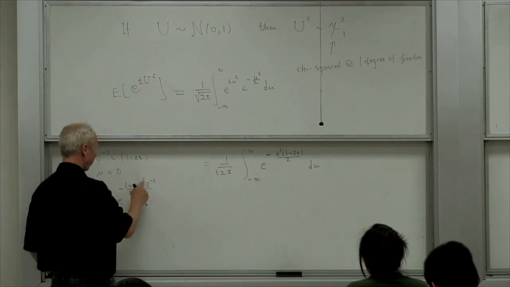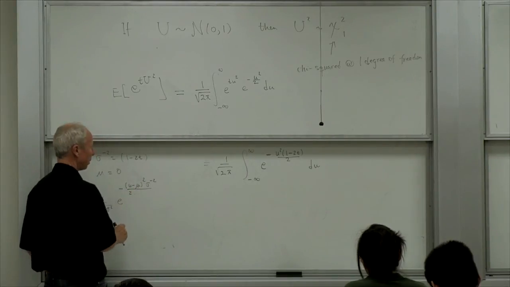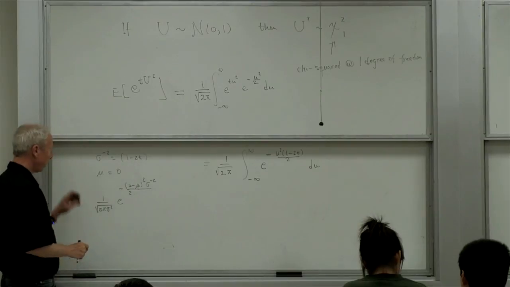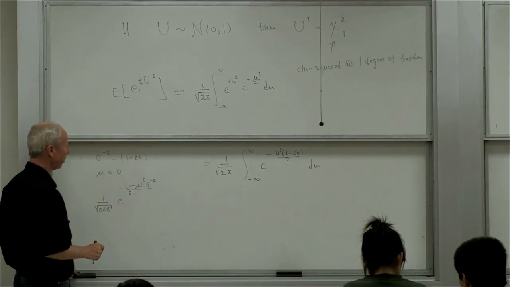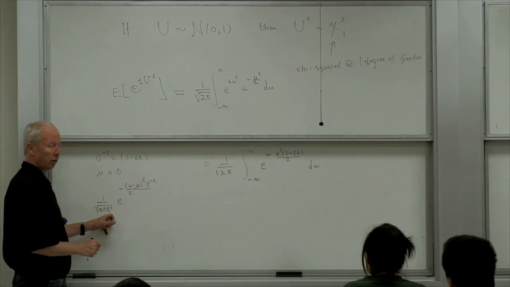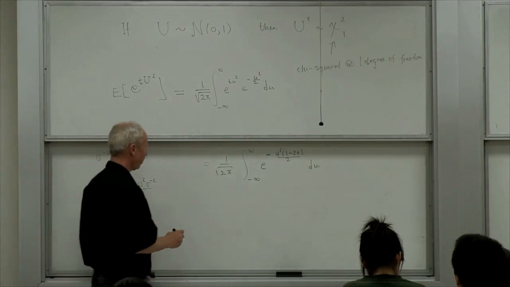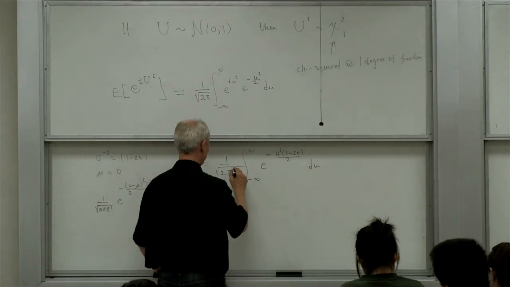How would you get u squared here? You'd have to have this be 0. But now, if sigma to the minus 2 is 1 minus 2t, we're missing something. We're missing this. So I should put that down here.